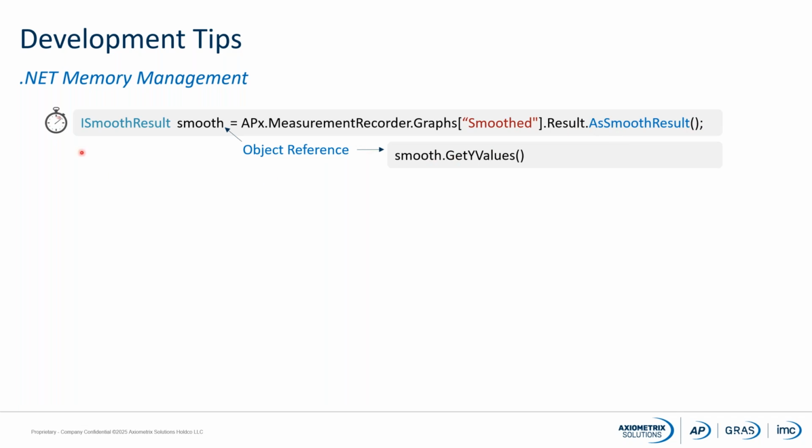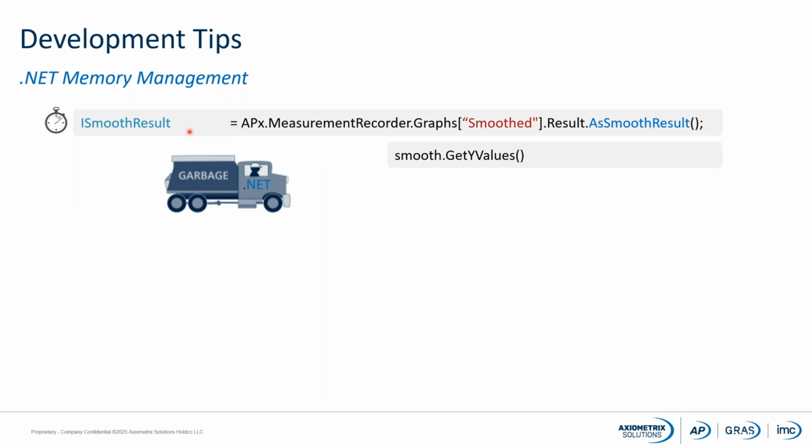However, if you wait too long without using this variable at all, this reference, then Windows will actually think that that object is not being used and that it's wasted memory. And it will come along automatically without your input and just delete that reference from memory. And that will cause this API to result in an error.